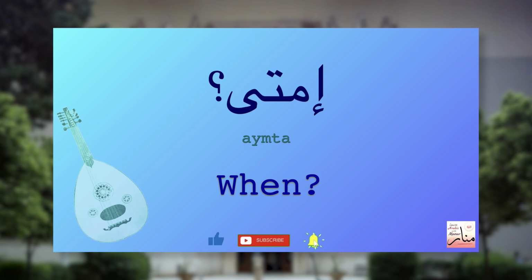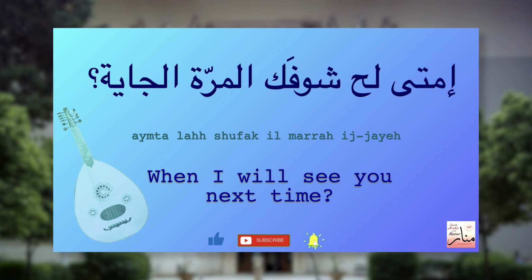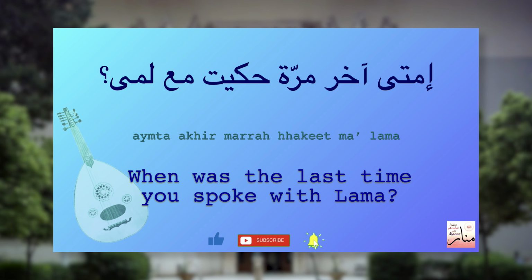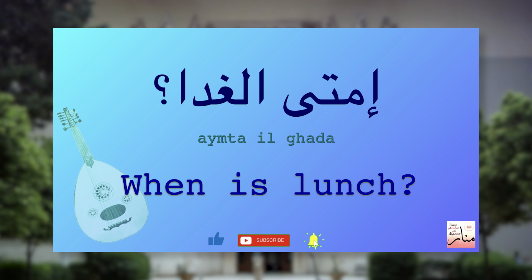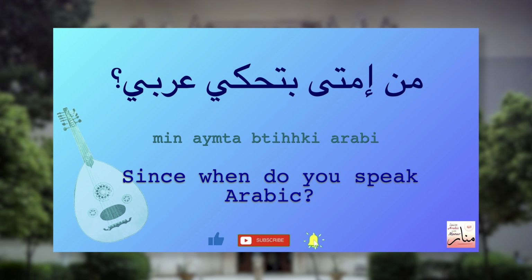When, إمتى. When did you come back from London? إمتى رجعت من لندن? When will I see you next time? إمتى رح شوفك المرة الجاية? When was the last time you spoke to لما? إمتى آخر مرة حكيت مع لما? When is the lunch? إمتى الغدا? Since when do you speak Arabic? من إمتى بتحكي عربي?